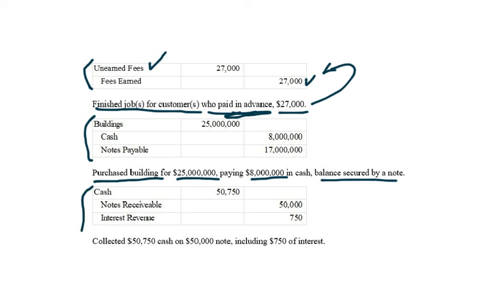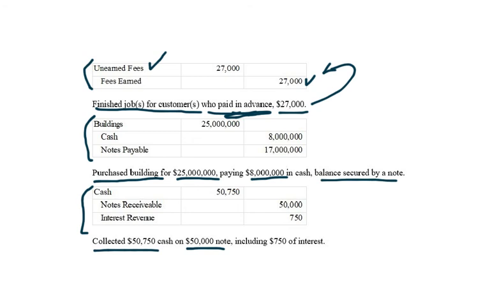And then lastly, this goes a little bit beyond the parameters of this class, but so be it. It's something you might encounter. Cash is debited for $50,750. We're going to credit notes receivable for $50,000 and credit interest revenue for $750. So what happened here is the company collected $50,750 cash on a $50,000 note.